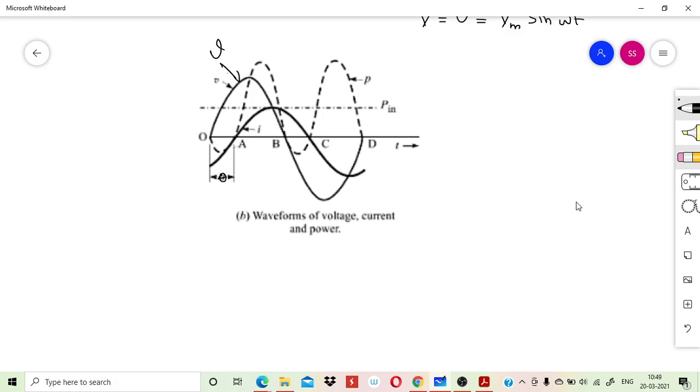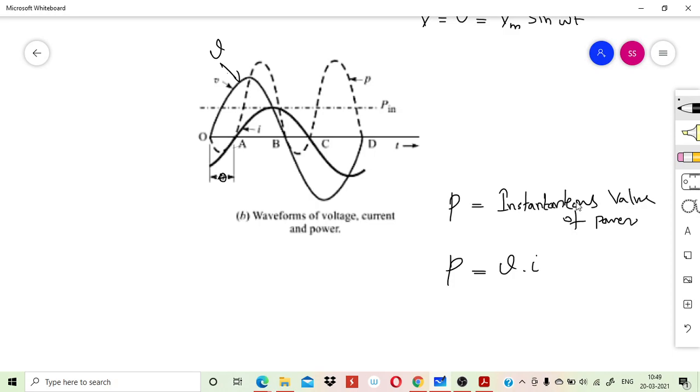Now we know the power formula. I am representing it as small letter p, and that will be equal to small letter v into small letter i. So this small p is nothing but the instantaneous value of power, which equals the instantaneous value of voltage into the instantaneous value of current.